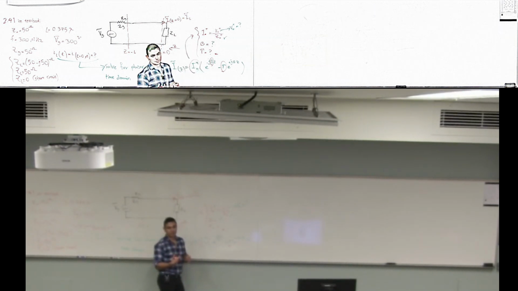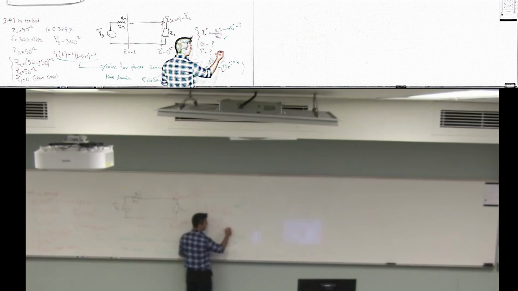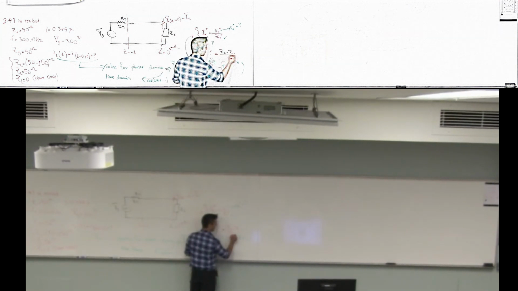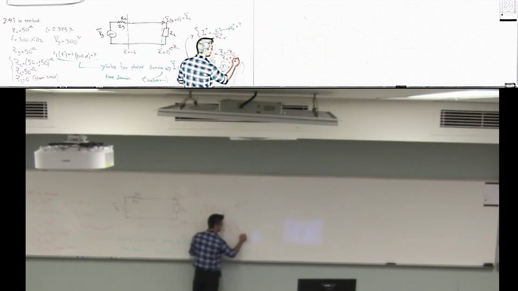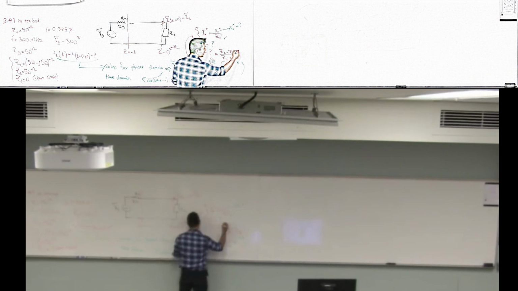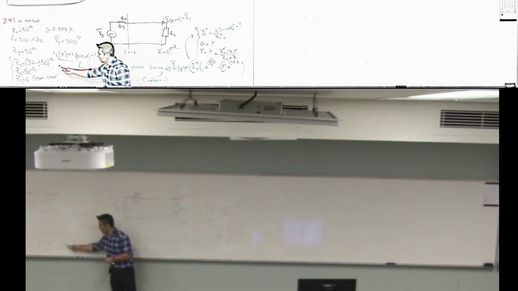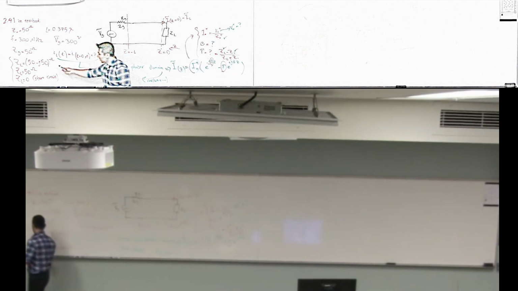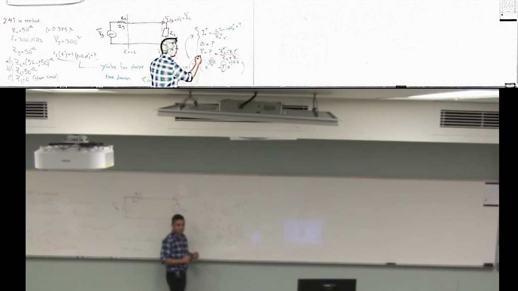ZL minus Z0 over ZL plus Z0. So Z0 is given and ZL is given in parts A, B, and C. So it says solve it for these three parts. Right? So gamma, we can find it.